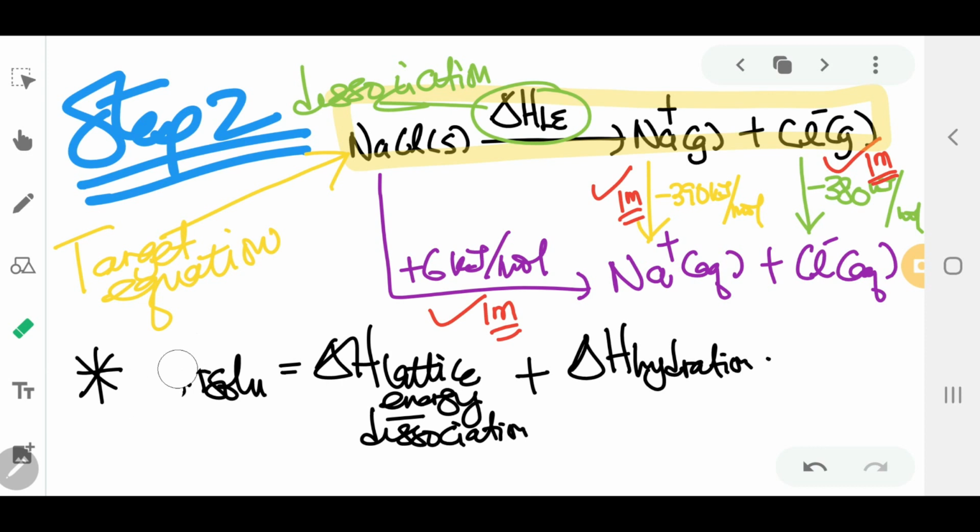So we're going to substitute this solution with this. So you get 6 kilojoule per mole. And we're going to substitute those two into the hydration.